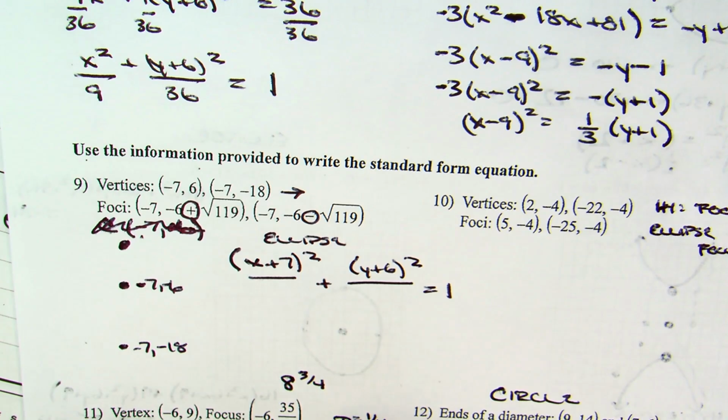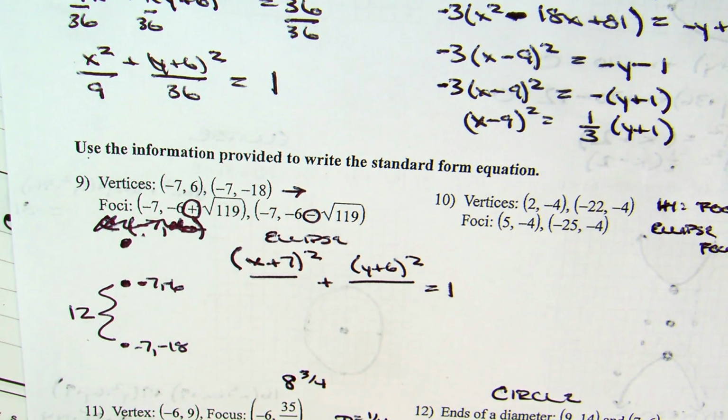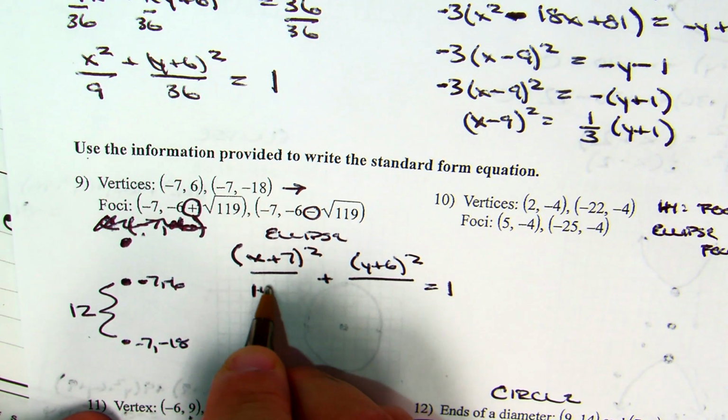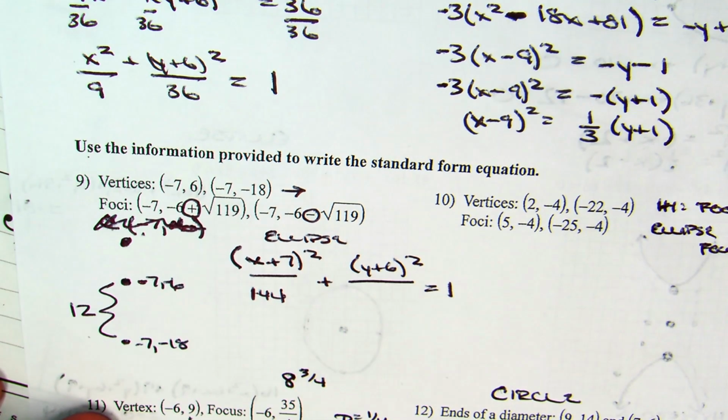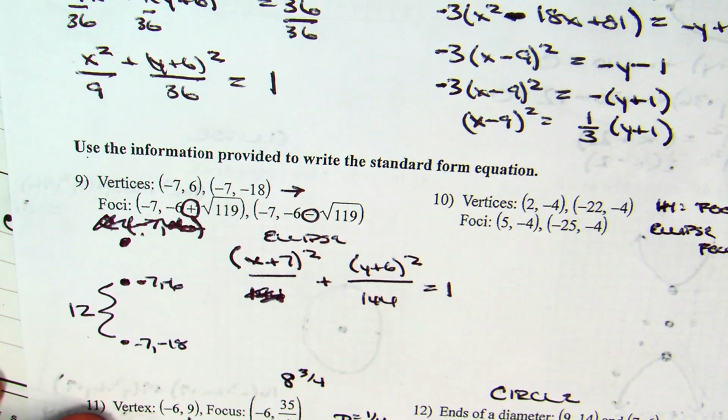From negative 6 to negative 18 is 12. So that's your A. So 12 squared is 144. However, it would be there because it's the y, sorry.